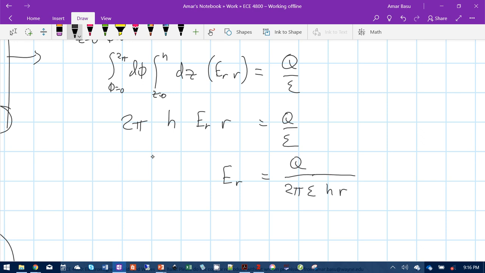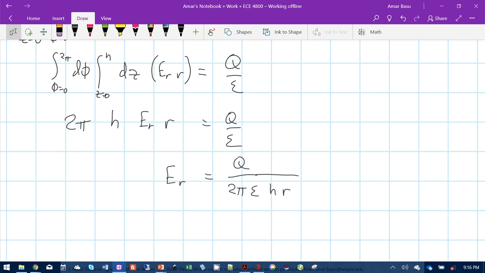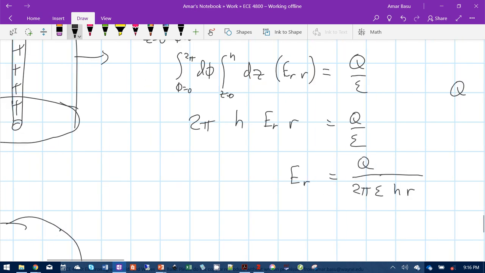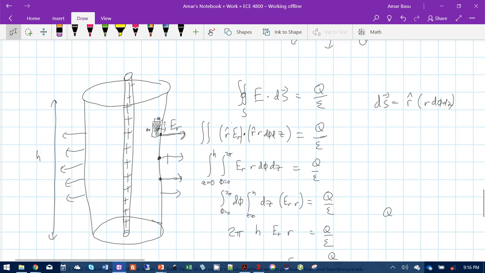Now, there's another part here. The Q, what is the total charge contained in this cylinder in terms of rho L? So this has charge density rho L, and that's given in coulombs per meter.